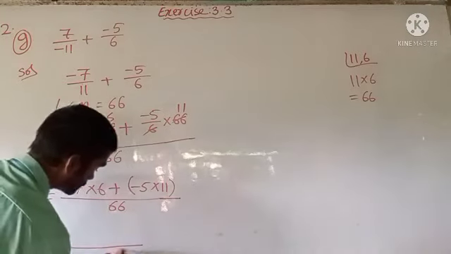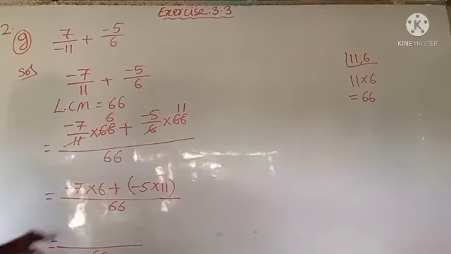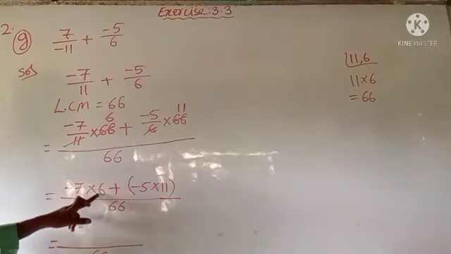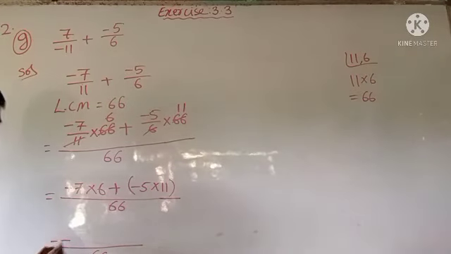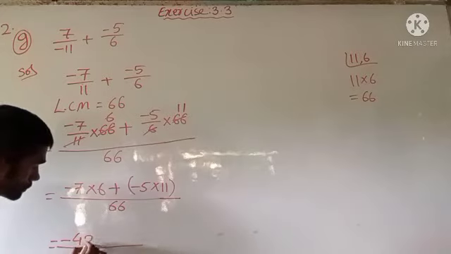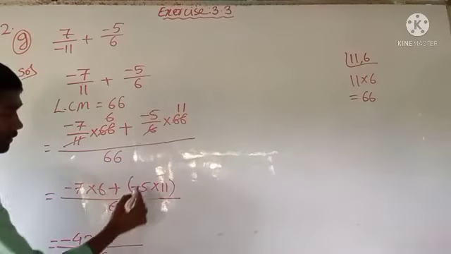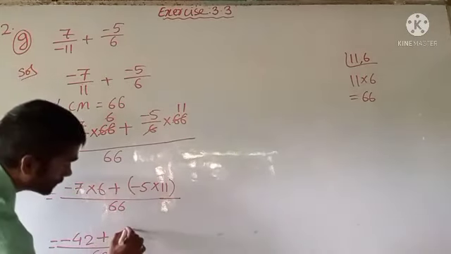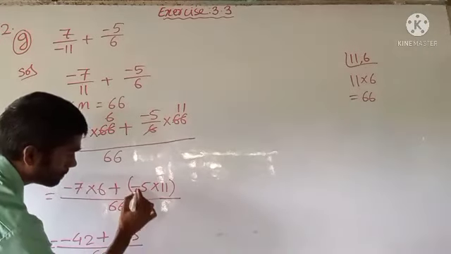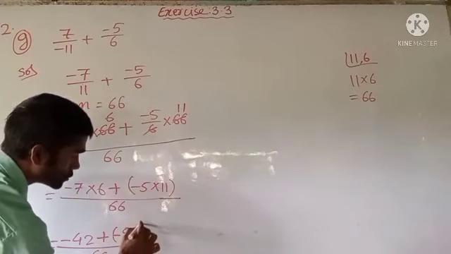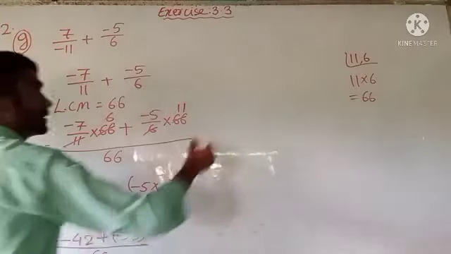Now here 66. Minus into plus we get minus, and 7 into 6 is 42. Plus 5 into 11 we get 55, and again minus into plus is minus, so minus 55.